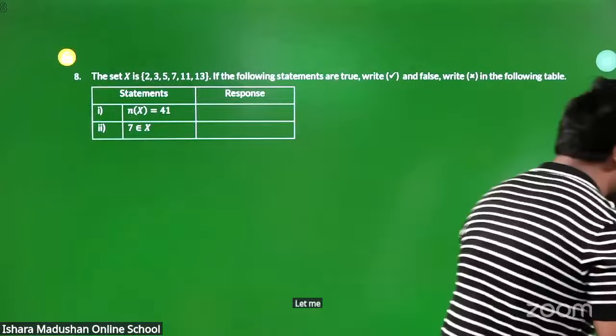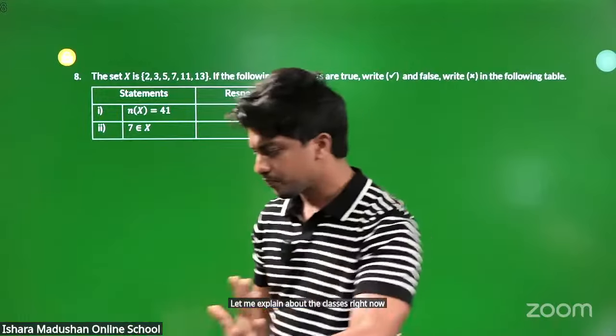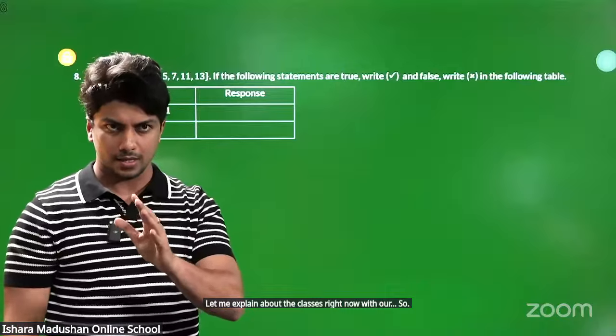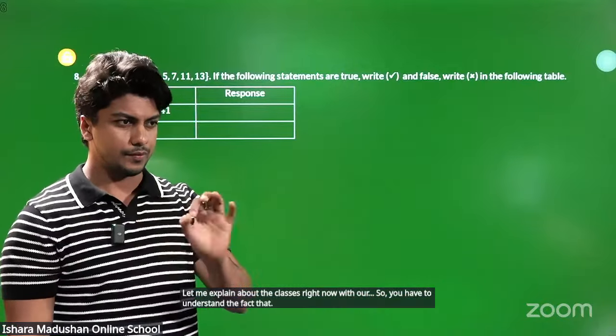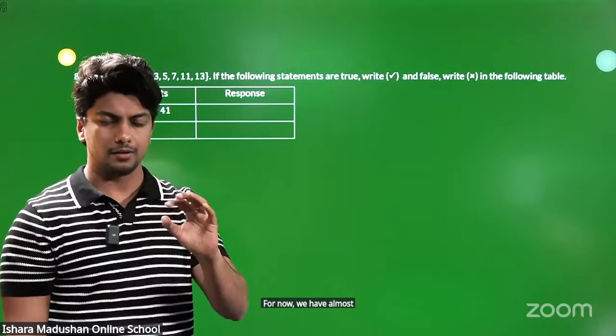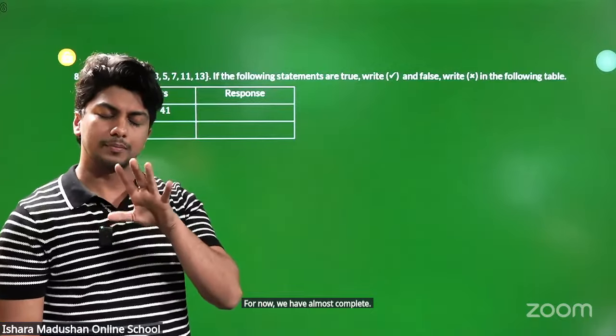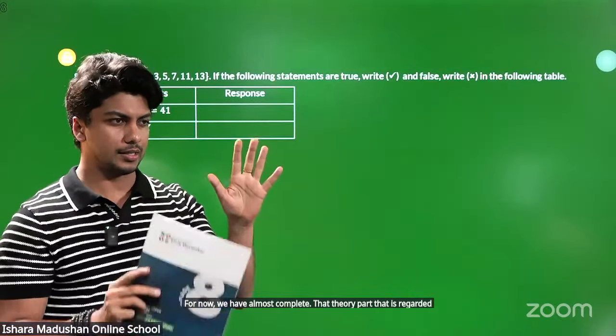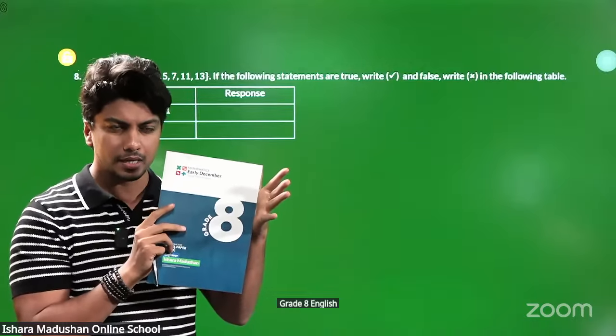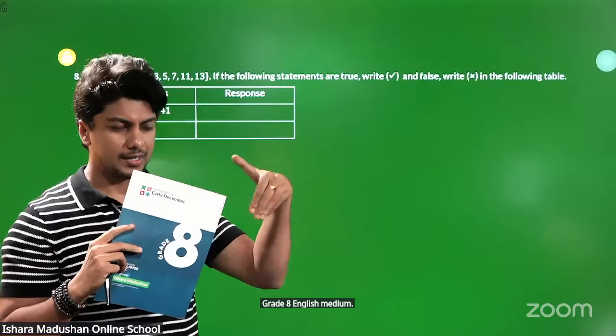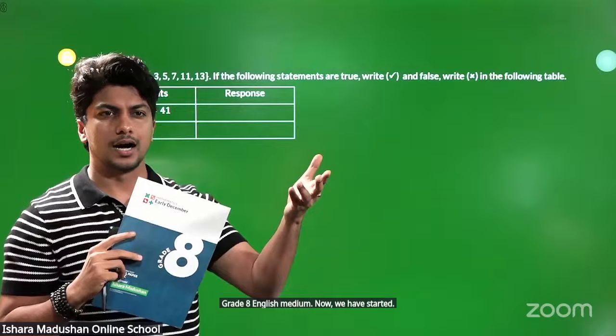Let me explain about the classes right now. You have to understand that we have almost completed the theory part for grade 8 English medium. Now we have started the month of December.